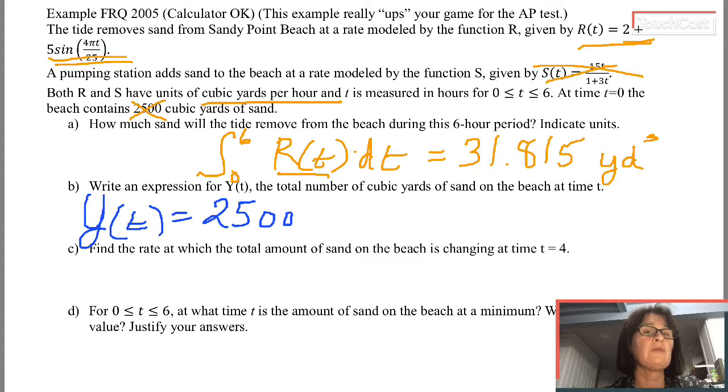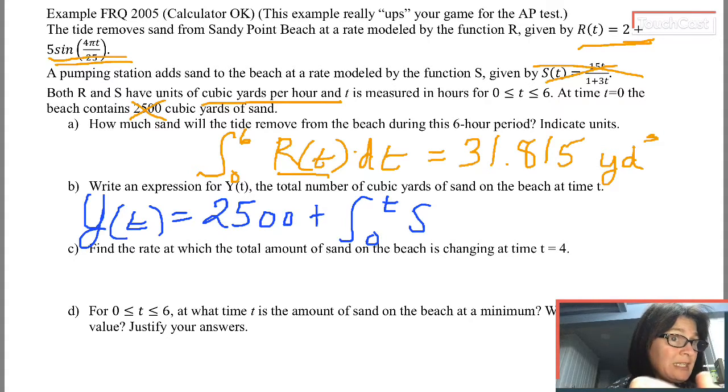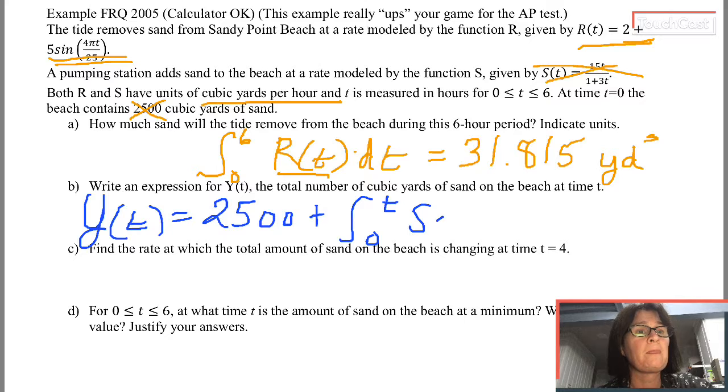which was 2,500 cubic yards, plus the amount of sand that comes in over that time, the time being t, so from time 0 to t, and the amount of sand coming in is s of t, except I can't use t because I'm using it as my upper limit.